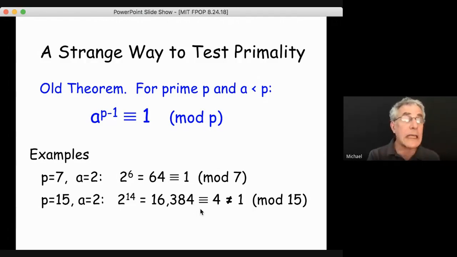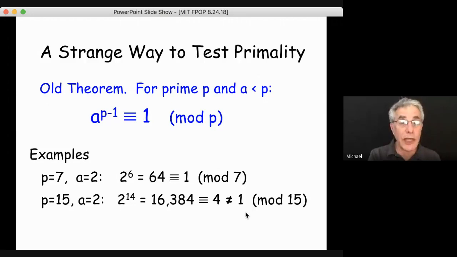And now we divide by 15, because that would be plugging a non-prime into the same equation up here. So you take the remainder after dividing 16,384 by 15, and you get 4. You don't get 1, which is what the theorem says you have to get if P were prime. So you get 4, you don't get 1.